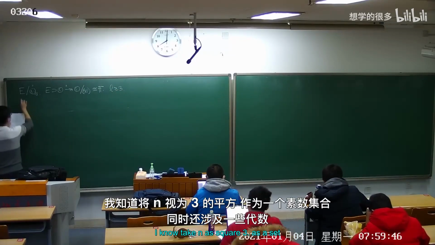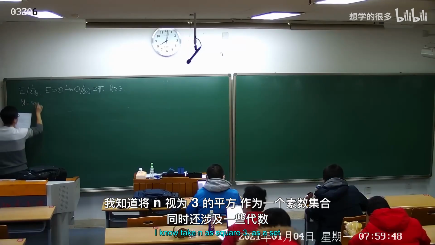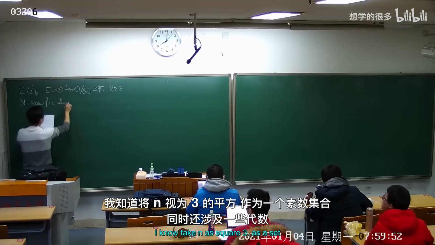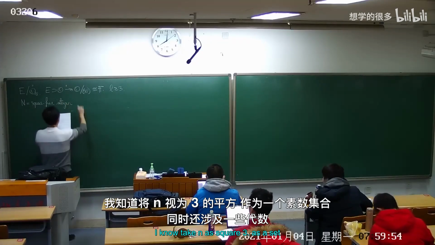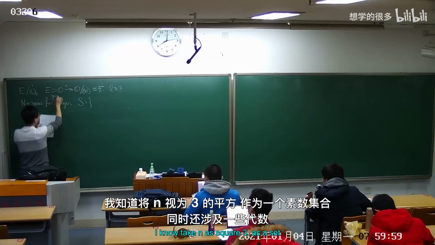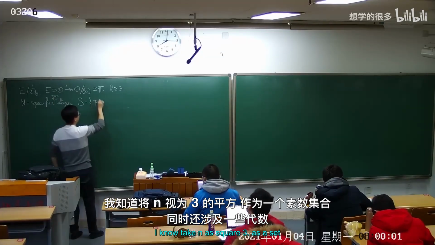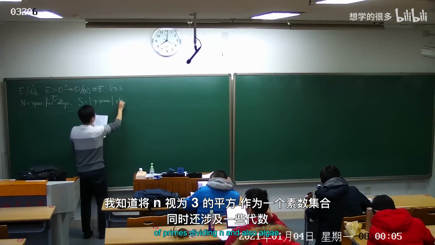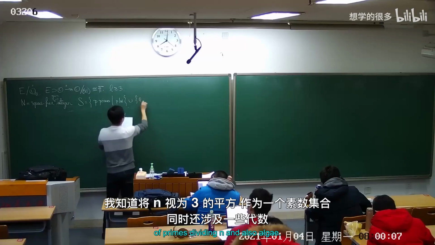I now take n as a square free positive integer, and S as the set of primes dividing n, and also L.